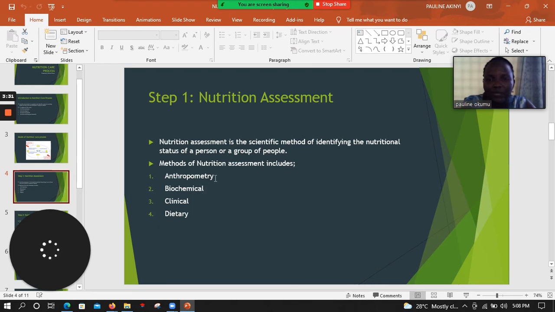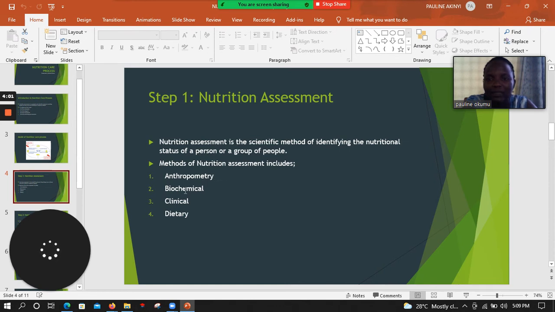We know that with the body weight and height, a BMI can be calculated, and that can be used to determine the nutrition status. So when you measure any body part to determine nutrition status of a person, that is what anthropometry is all about. In anthropometry, we can use various tools. We can take weight, we can take height, we can take the mid-upper arm circumference, etc.